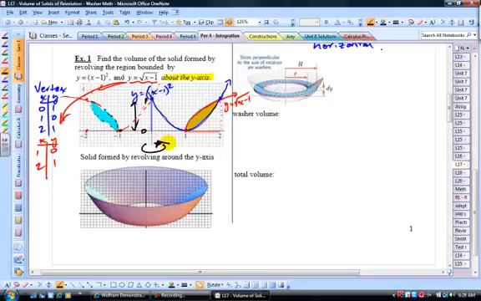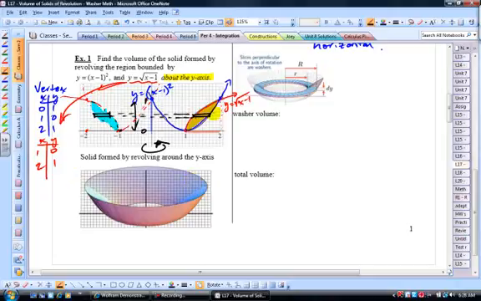Again, in this case, the y-axis here. Okay, so the representative disk or cross-section would be like so. So this is what it would look like if you're looking at it straight on. On an angle, you would see this three-dimensional figure right here, and if you revolve the whole thing, you get this solid formed by revolving around the y-axis.